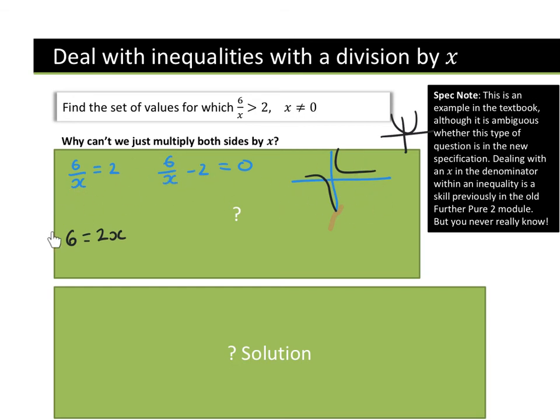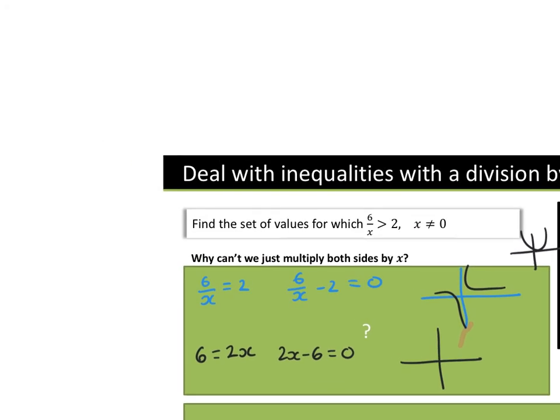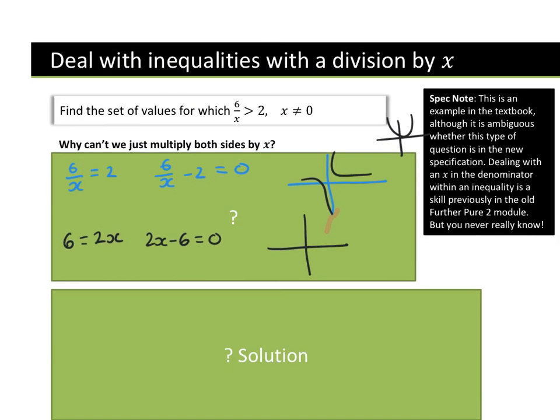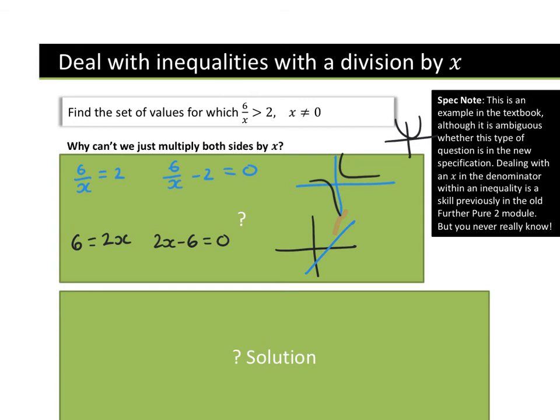If I multiply both sides by x, I'm going to get 6 equals 2x, and 2x minus 6 equals 0, okay? If I was to draw that as a graph, well, 2x minus 6 is actually, in fact, a straight line. It's going to cross at minus 6, it's going to have a gradient. So it's going to look like this, okay?